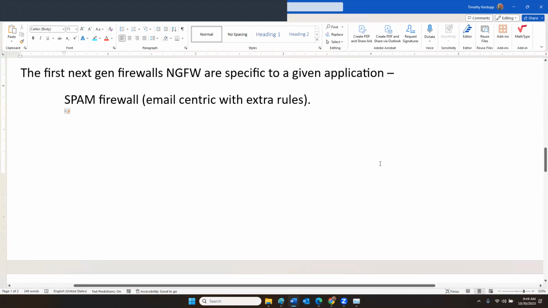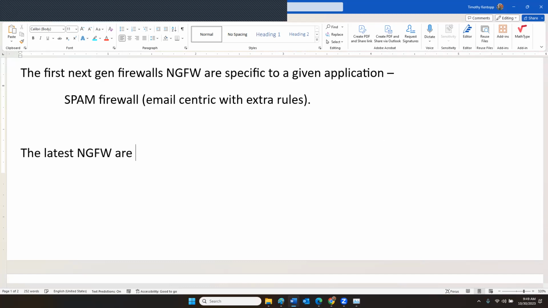Now, lately, the latest next gen are unified threat management, which is multiple application filtering. Now, this is a problem.